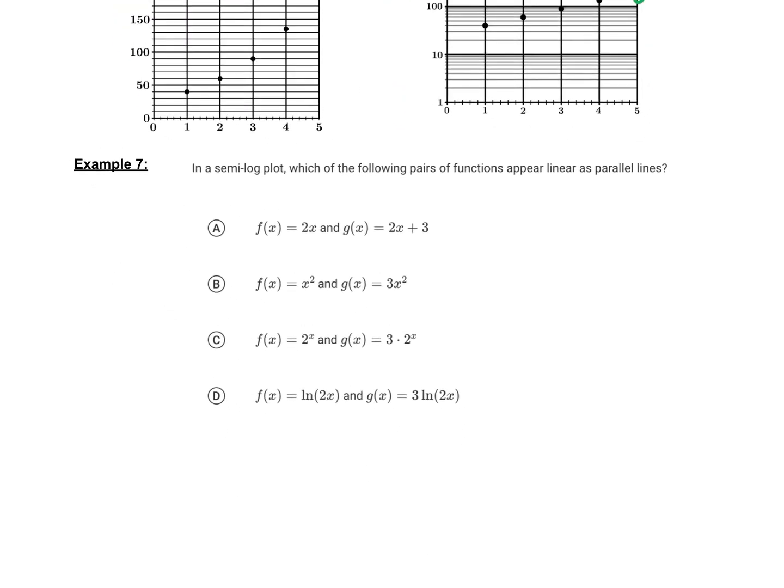All right. In a semi-log plot, which of the following pairs of functions would appear as parallel lines? What do you think? Okay, they've got to be exponential, right, to be linear on a semi-log plot. So which function should I choose?